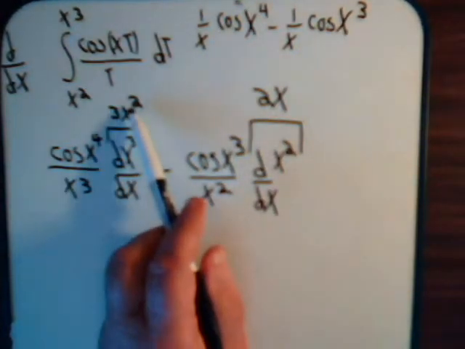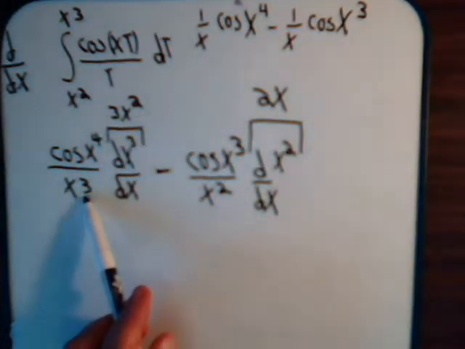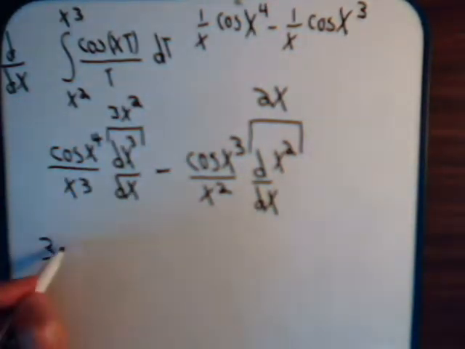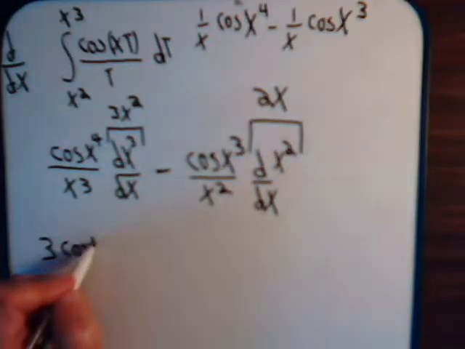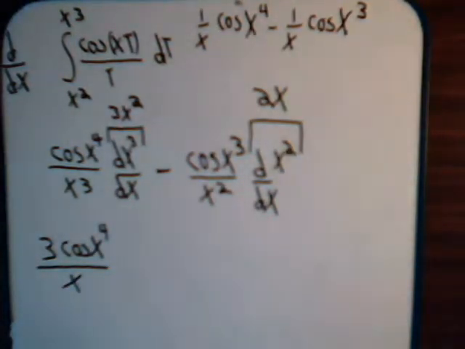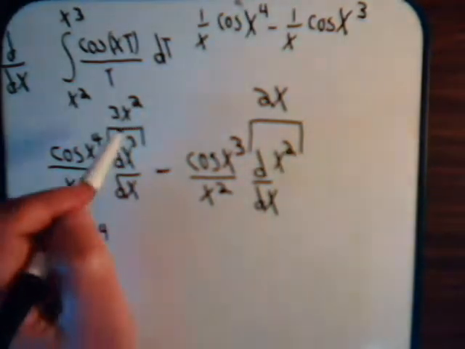So x squared divided by x cubed, we're going to have 3 times cosine x to the fourth divided by x. That's this term.